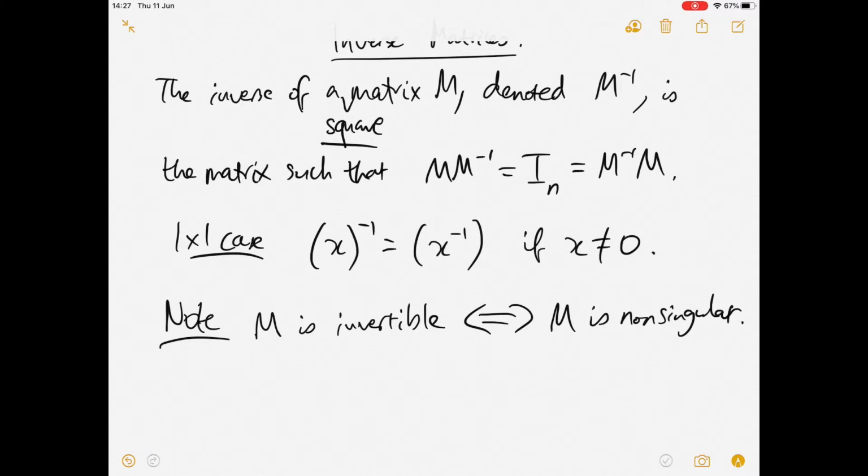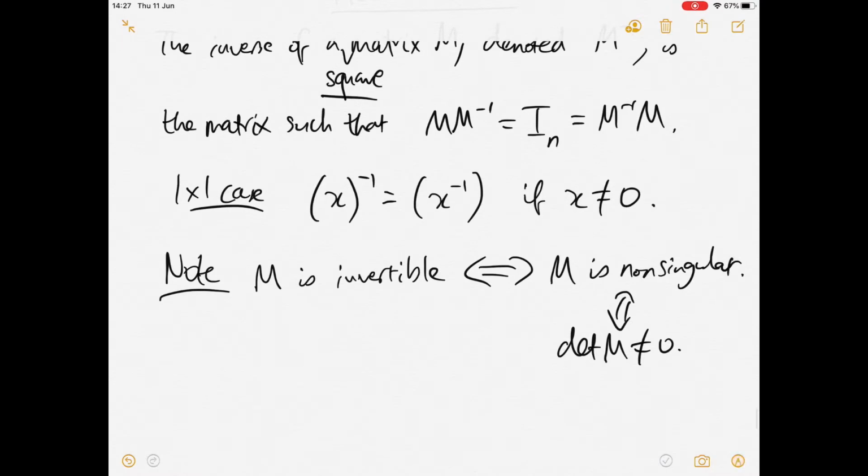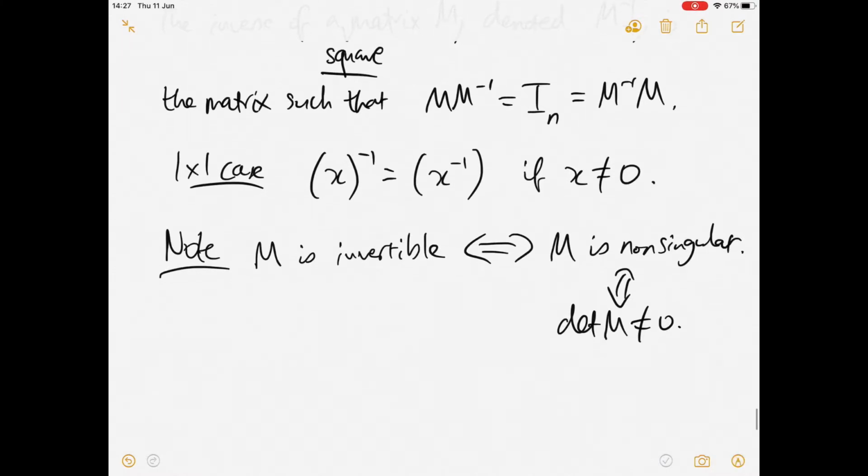Non-singular means the determinant of M is non-zero. If the determinant is 0, the inverse does not exist. That's an important thing to be aware of.